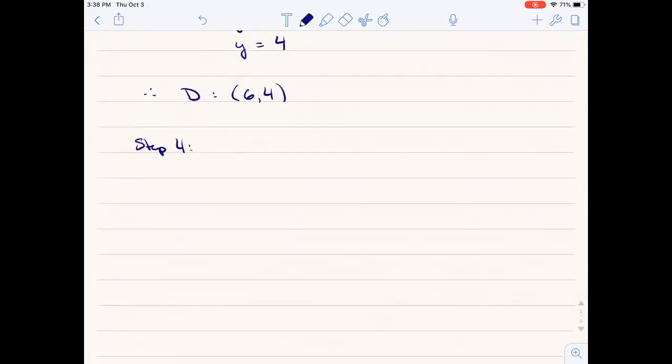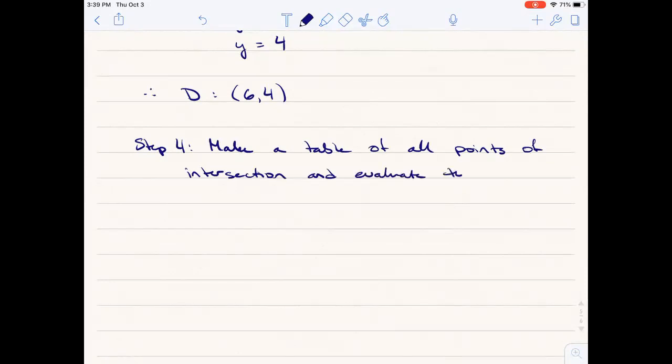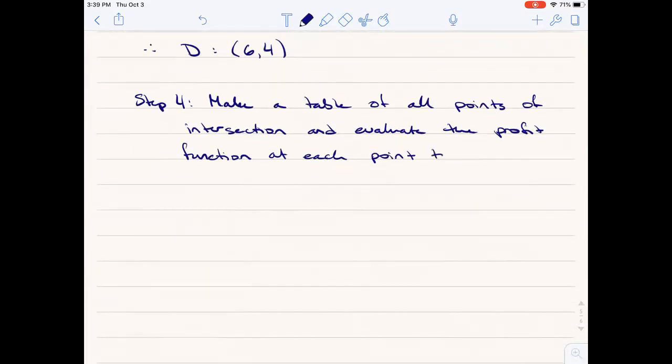Step 4: make a table of all points of intersection and evaluate the profit function at each point to find the point that maximizes the profit function.